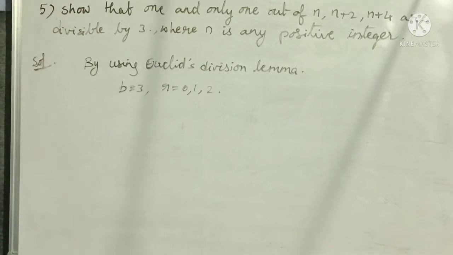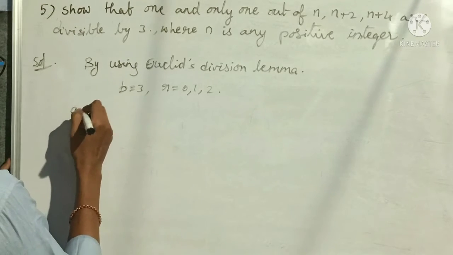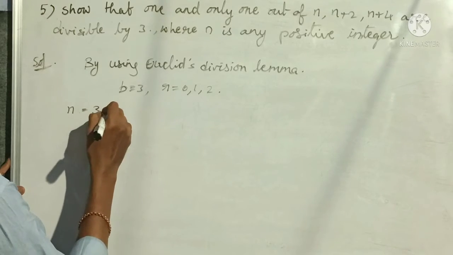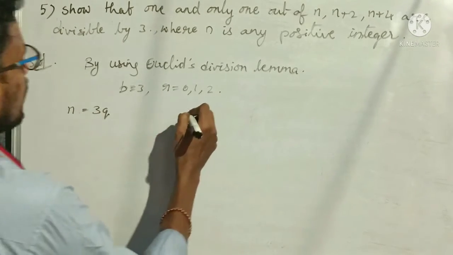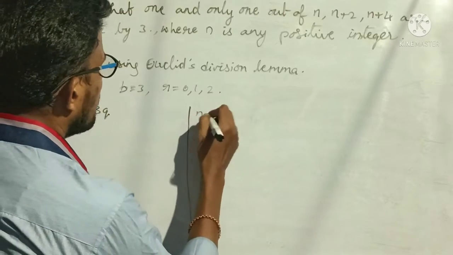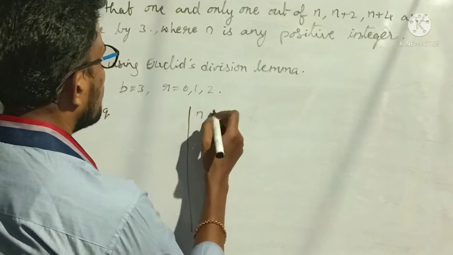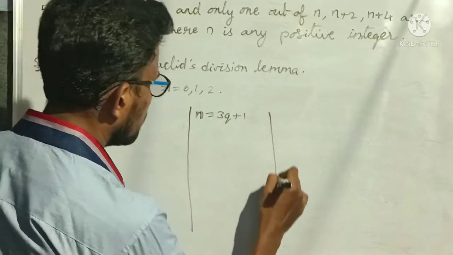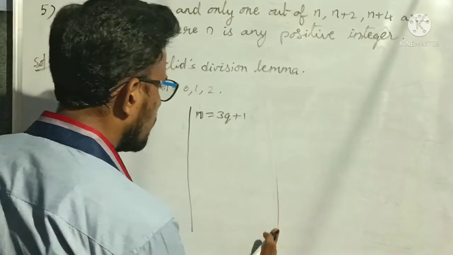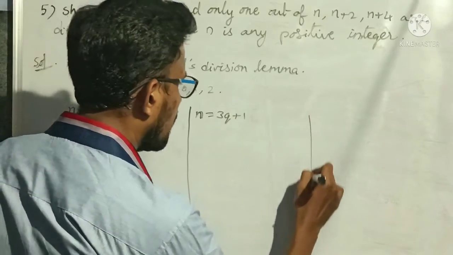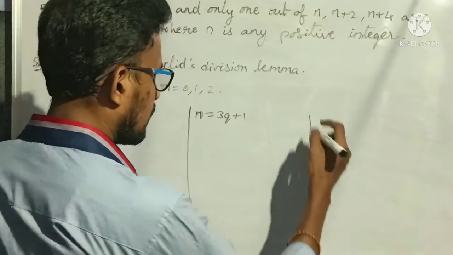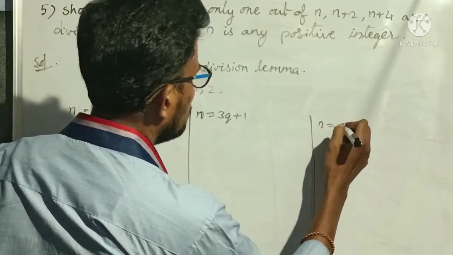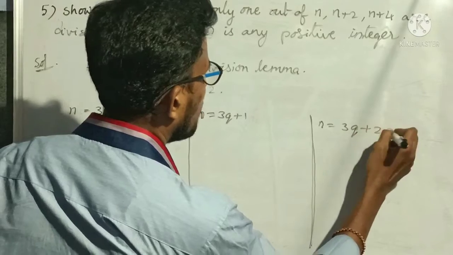So now I can take n is equal to 3q; or n is equal to 3q plus 1; and the third case, n is equal to 3q plus 2.